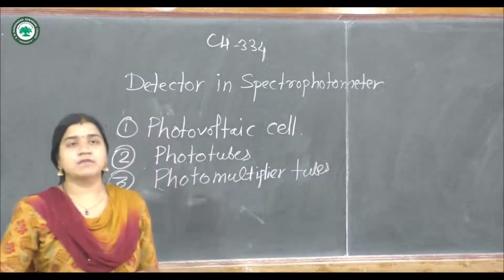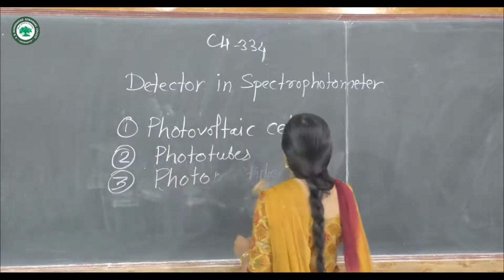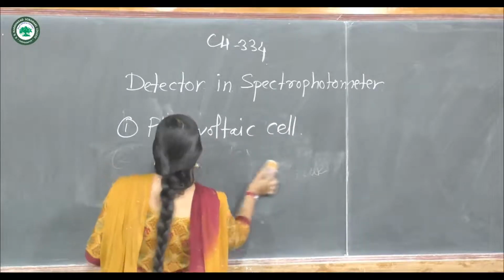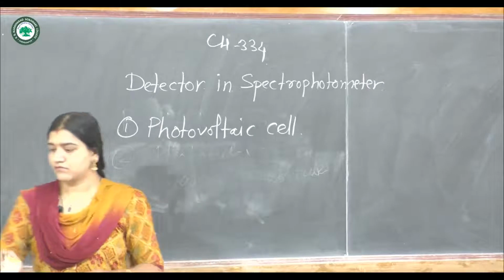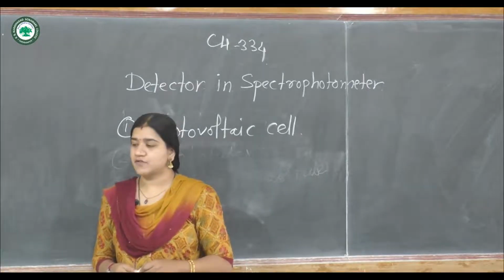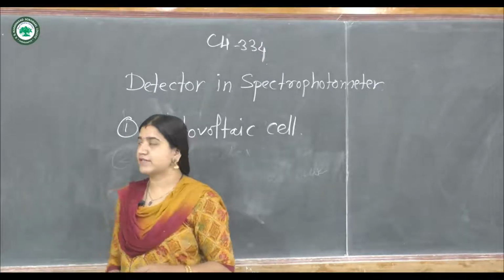What is meant by a photovoltaic cell? The photovoltaic cell is also known as the barrier layer cell or phototronic cell.